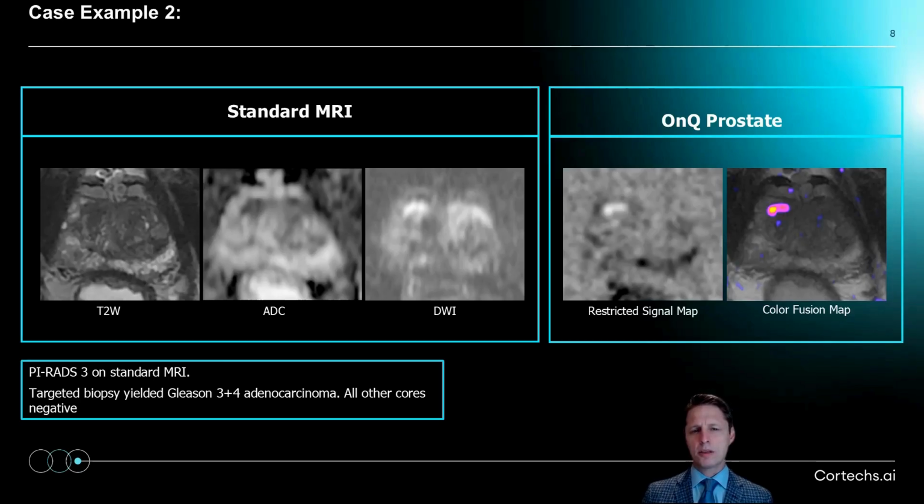The targeted biopsy yielded Gleason 3+4 prostatic adenocarcinoma with all other cores negative. So really a good example of OnQ Prostate adding clarity to an otherwise indeterminate case on standard MRI. Again, potentially going undiagnosed by many urologists who would have just continued to observe this patient.